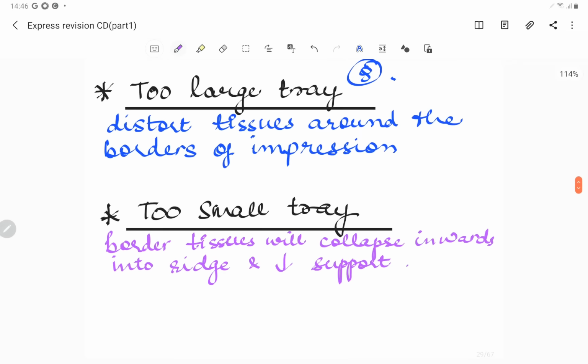So if the tray is large, there is going to be distortion around the borders, and the border will not be accurately recorded. If the tray is small, the border tissues will collapse inward into the residual ridge, and there is going to be a reduction in the support of the denture.